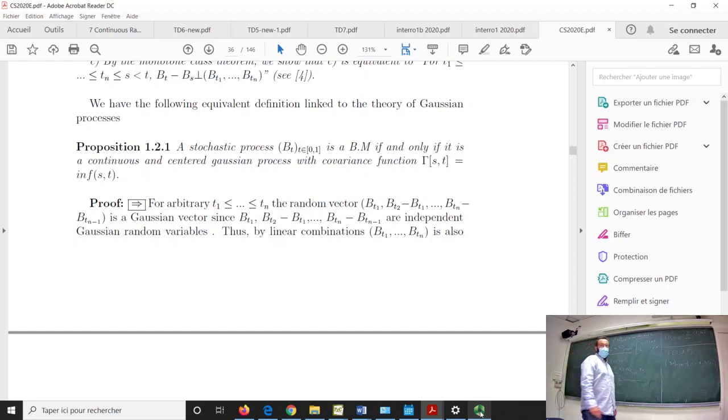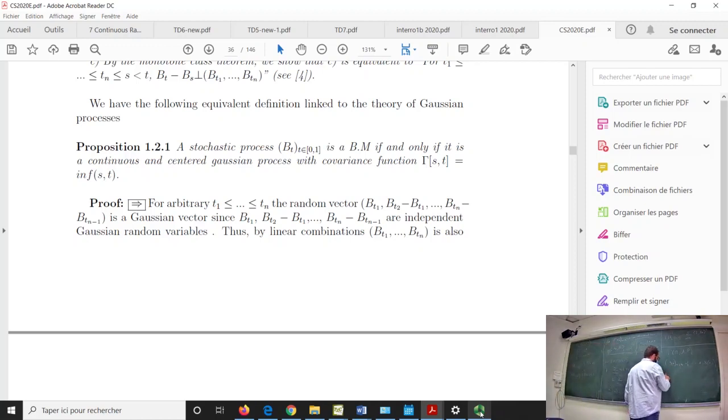Intuitively, you are going to see that the construction of the Brownian motion is related to changing the elements of my orthonormal basis into these Gaussian random variables. It's what we are going to do.